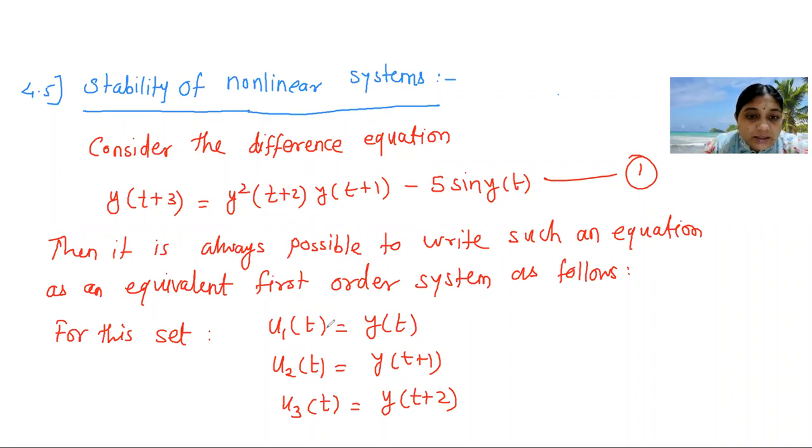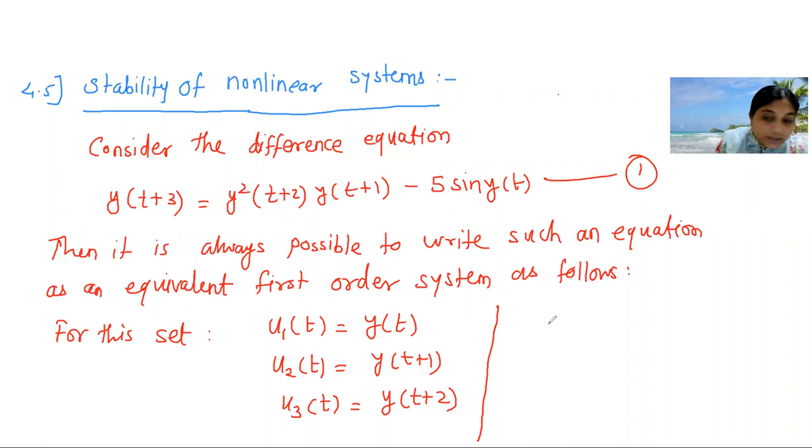Okay, so if I set u1 t is equal to y t, u2 t is equal to y at t plus 1, and u3 t is equal to y at t plus 2, then equation 1 can be written as, I'm not writing everything now, I will share the notes later on.